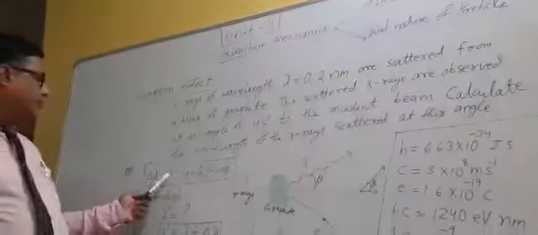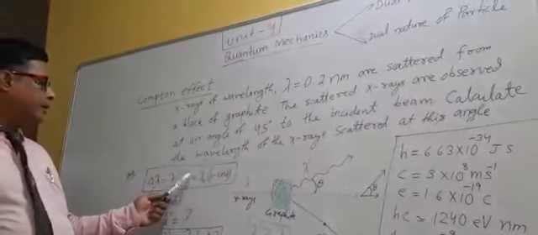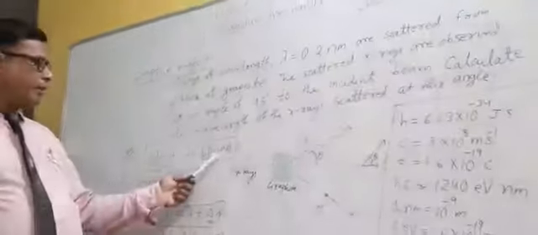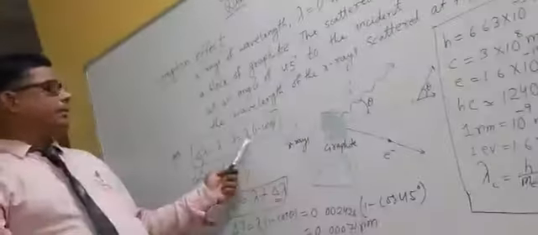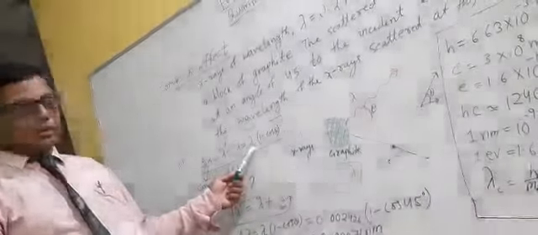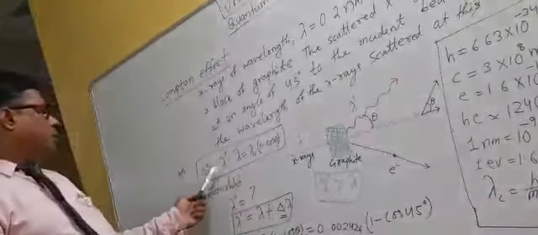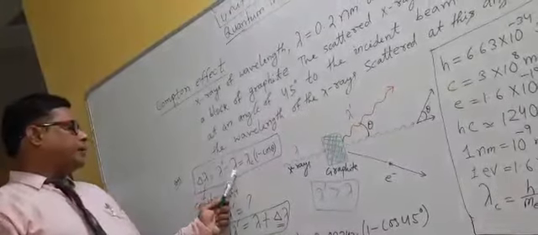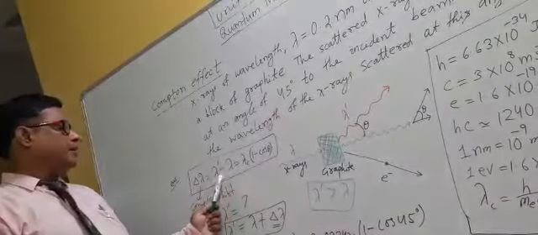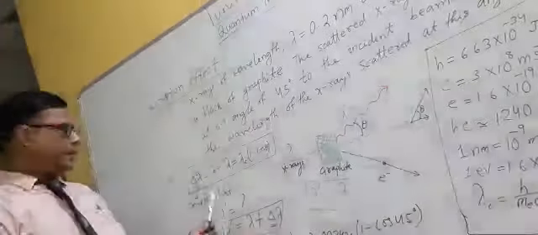The relation is delta lambda equals lambda dash minus lambda, which is equal to lambda c into (1 minus cos theta). Theta is the angle of scattering, and lambda c is the Compton wavelength. This change in wavelength, lambda dash minus lambda, is called the Compton shift, delta lambda.